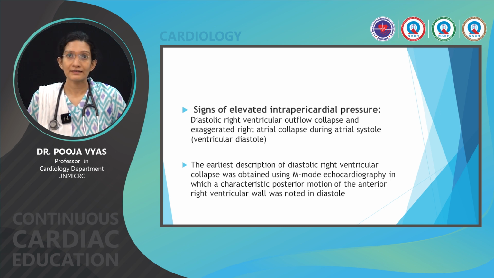As signs of this increased intrapericardial pressure, there will be early diastolic RV outflow collapse and exaggerated right atrial collapse during the late diastole, during the atrial systole. The earliest description of this right ventricular outflow tract collapse was obtained using M-mode echocardiography, where characteristic posterior motion of the right ventricular anterior wall was noted in the diastole.